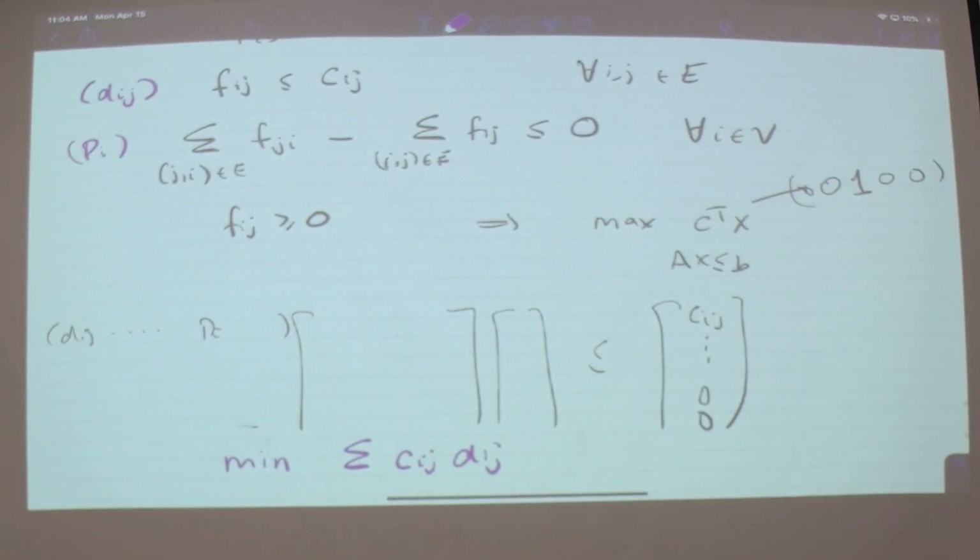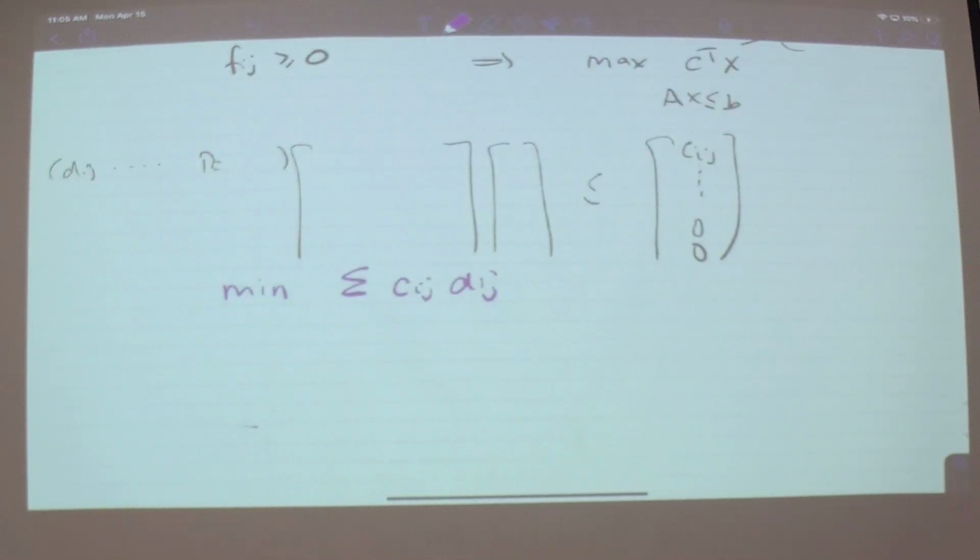Then if you write that down and match the signs correctly, what you'll end up with is something like this, for all ij not equal to t, s.